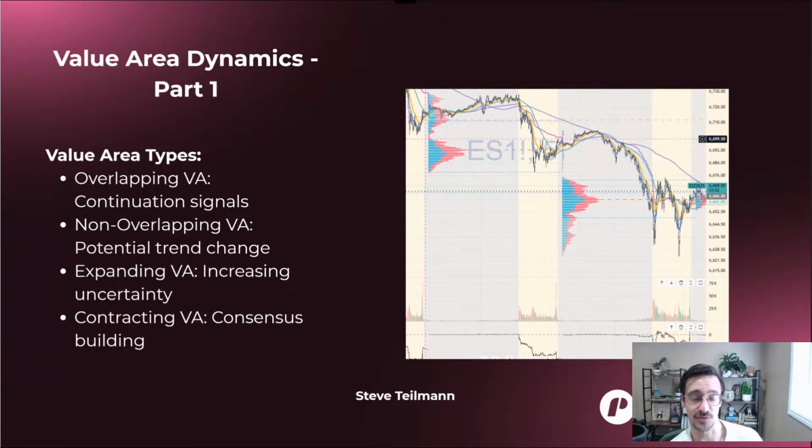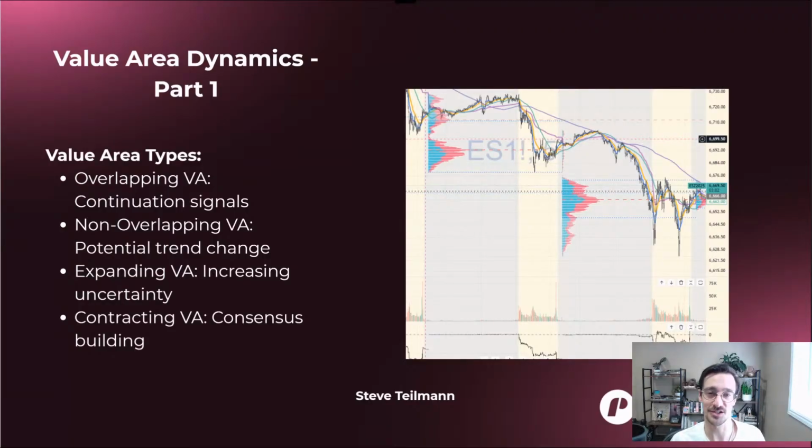And this could be a sign of trend change. We're going to get into examples and explain why. But that is one concept here. Another is expanding volume areas versus contracting. So if you have an expanding pattern in any form, what is that telling us? It's showing more volatility.